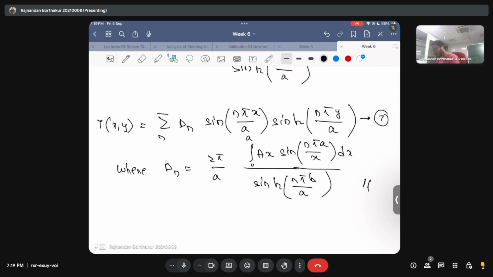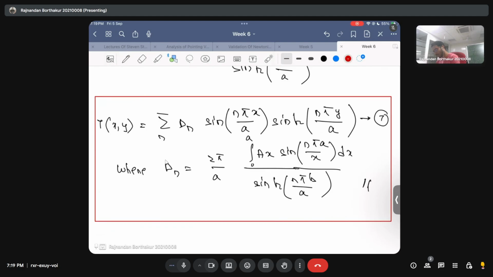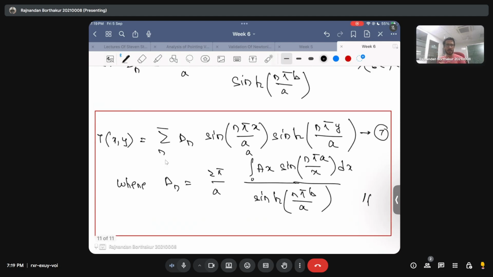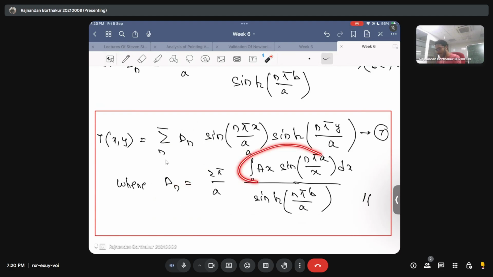And maybe I should box this. So, a couple of things that you need to understand. First of all, why did we use the principle of superposition? What was the governing equation that we solved for? How did the temperature field look, and how did we invoke the orthogonality principle in order to evaluate the constants dn? I hope you realize that dn is just a constant because this integral is a known integral in x. Just use integration by parts.